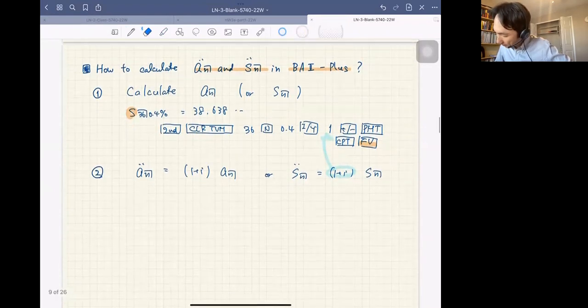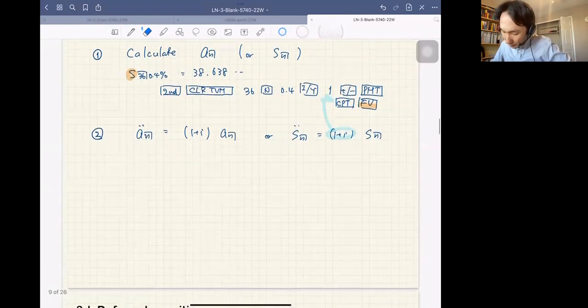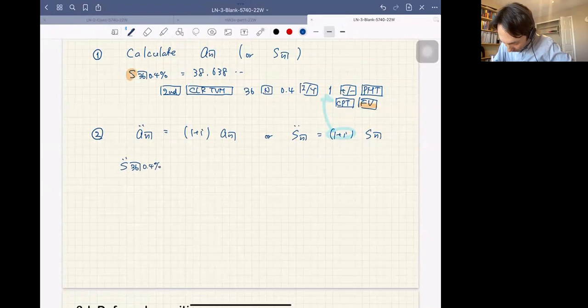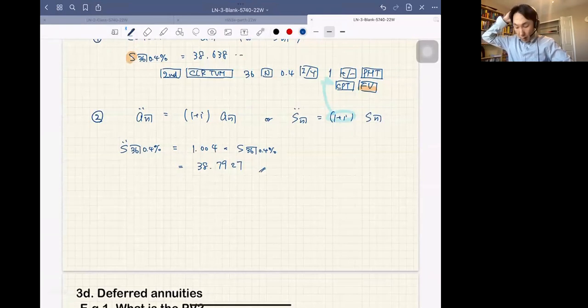But anyway, S double dot 36 angle 0.4% is equal to 1.004 times S angle 36 at 0.4%. So this is equal to 38.7927.